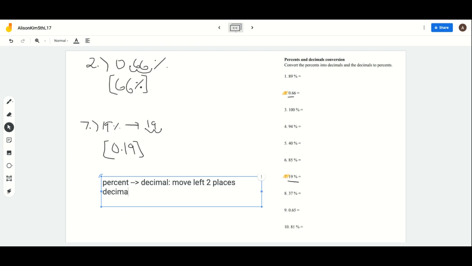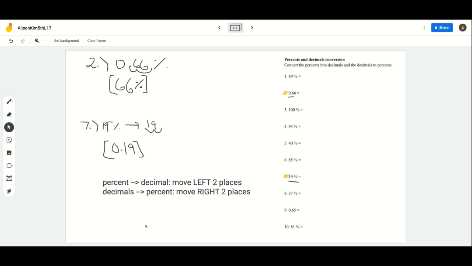And decimals to percent is move right 2 places. Let's bold those. Left, right. Right? Because we moved it right here, and we moved it left here.